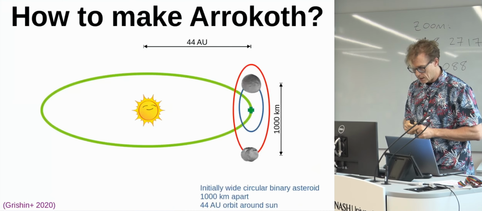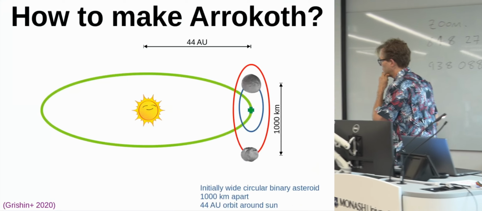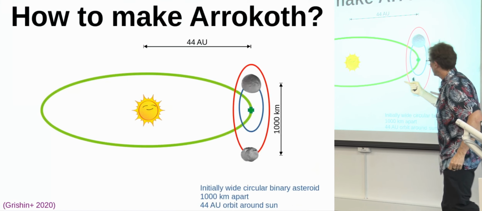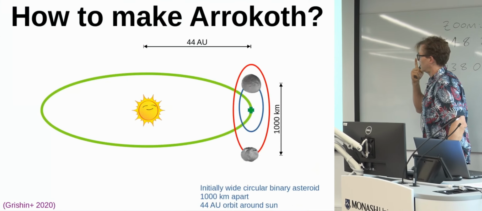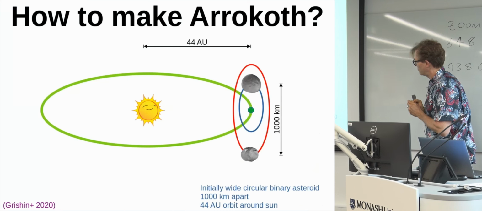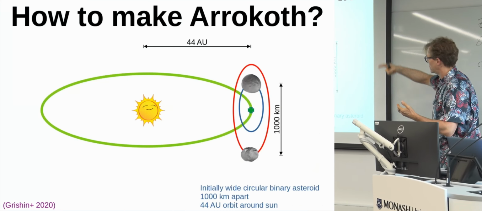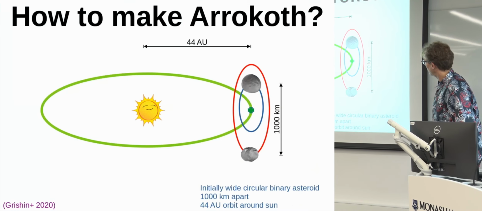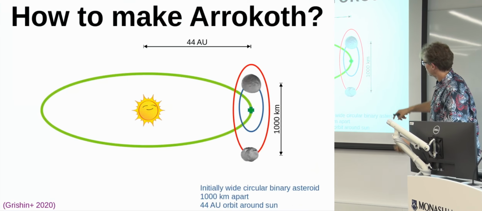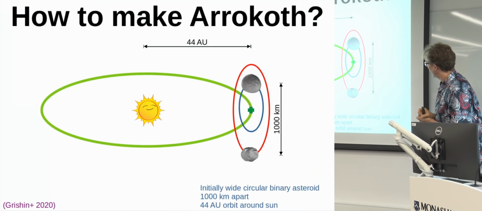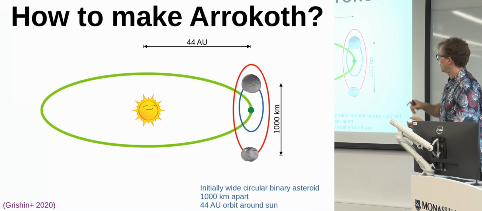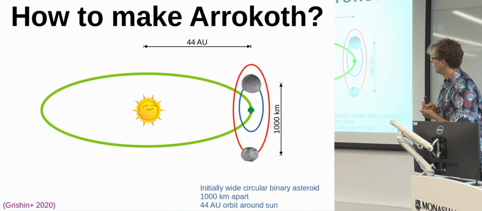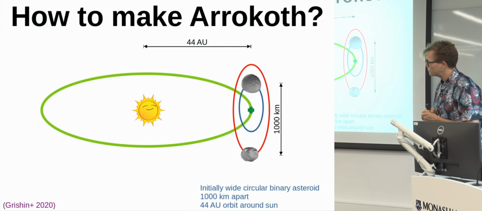The idea is a work by our own Evgeny Grishin, published in Nature. You start off with a very wide binary system of these two asteroids, with a semi-major axis of maybe around 1,000 kilometers initially, and they go in an orbit inclined almost perpendicular to their orbit around the Sun.